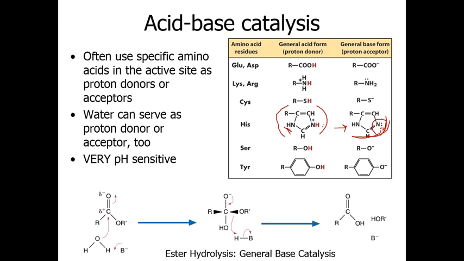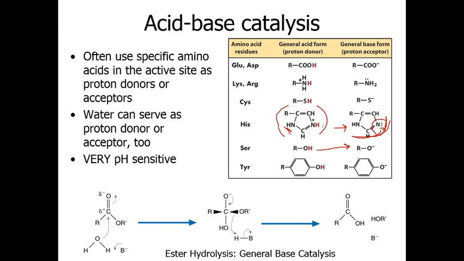Serine can be deprotonated, ROH to RO minus. Although we never talked about a pKa for serine because serine hydroxyl pKa is higher than 14, and so we do not talk about it. But in enzyme active site, serine can get deprotonated.